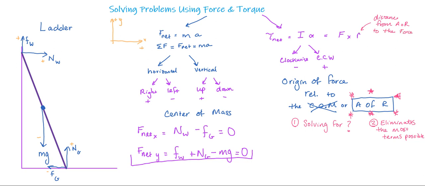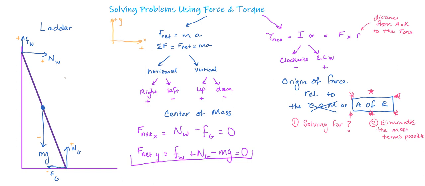So if there's no distance, then there's no torque provided by that specific force. Okay, so if you pick a pivot point where you make R 0 for certain forces, that eliminates them. But you don't want to do that if you're solving for something at that pivot point. Okay, so the pivot point, is it arbitrary? Yes, it is. When you're solving a problem, it is.